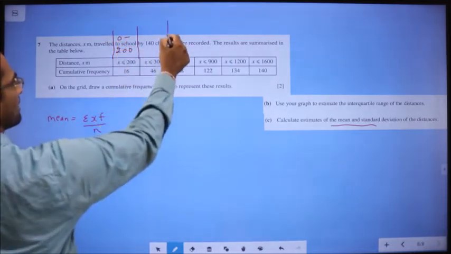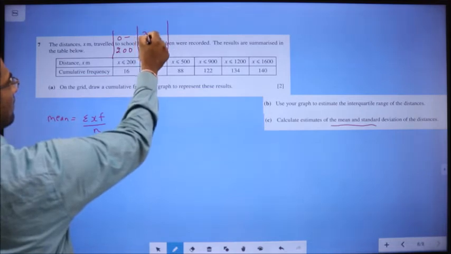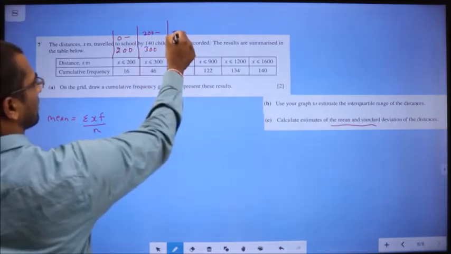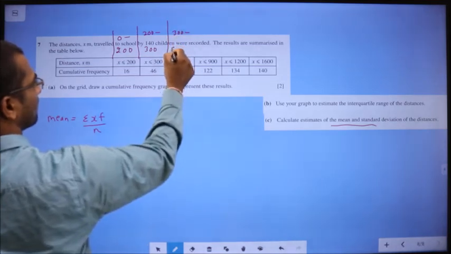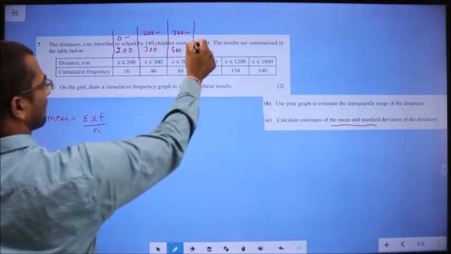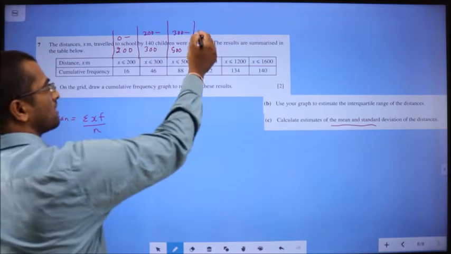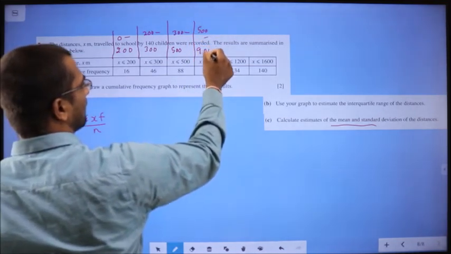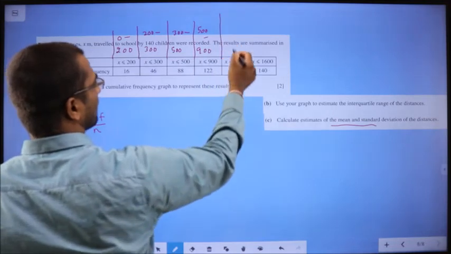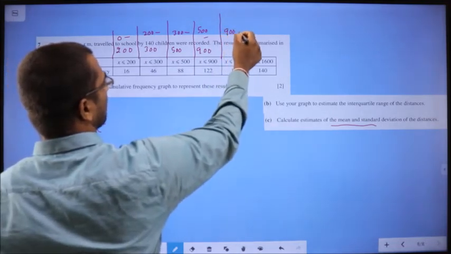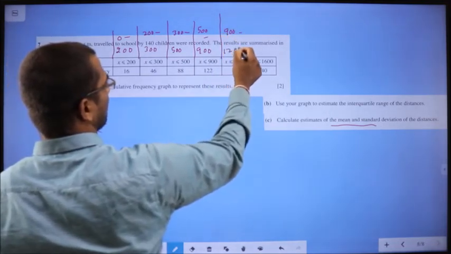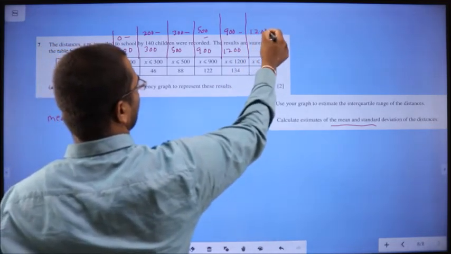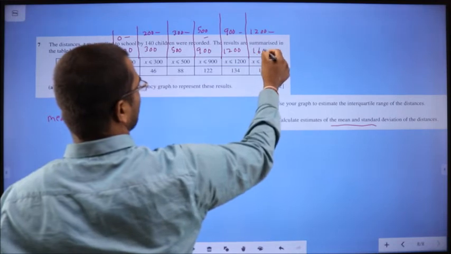And here the class is from 200 to 300. Here the class is from 300 to 500. Here the class is from 500 to 900. Here the class is from 900 to 1200. Here the class is from 1200 to 1600.